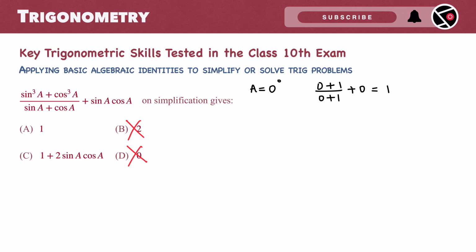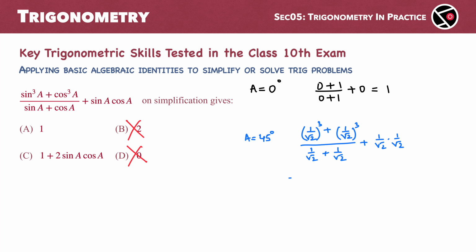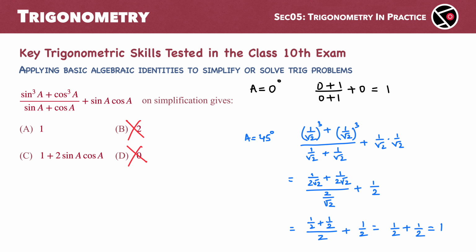So let's try A equal to 45 degrees instead. At A equal to 45 degrees, our expression again equals 1.